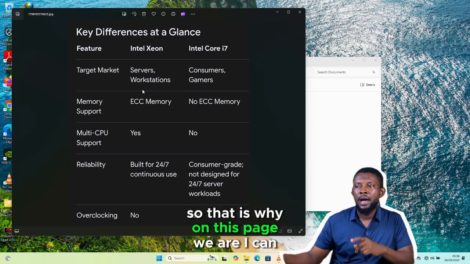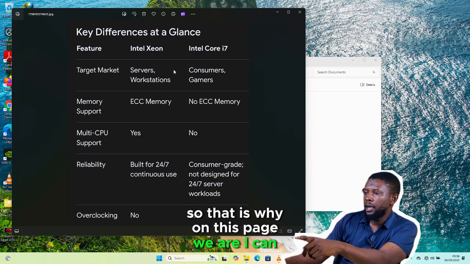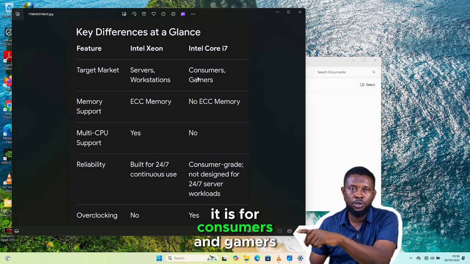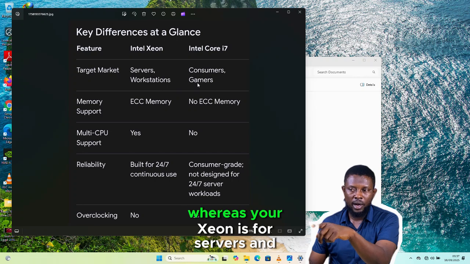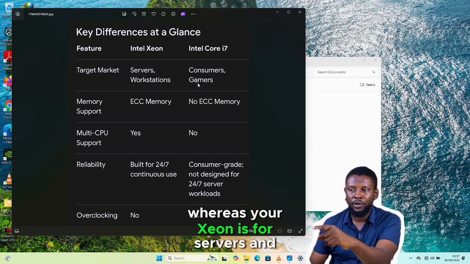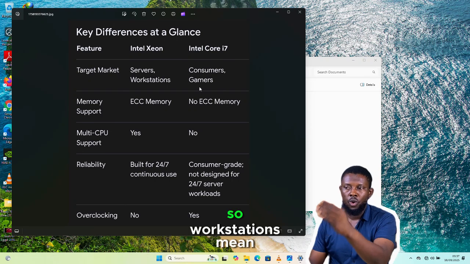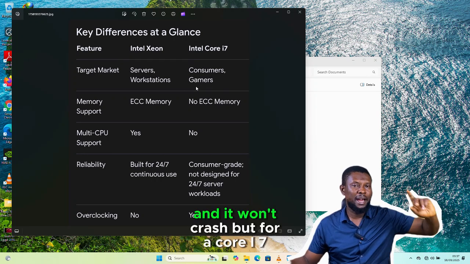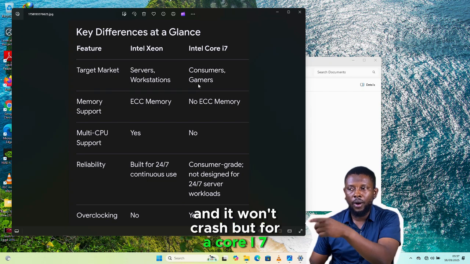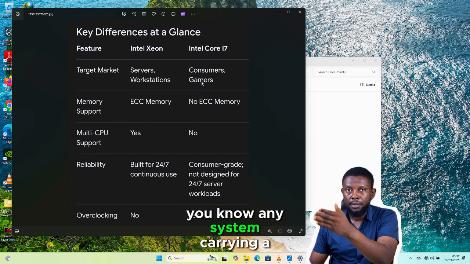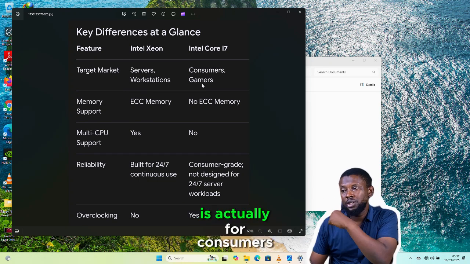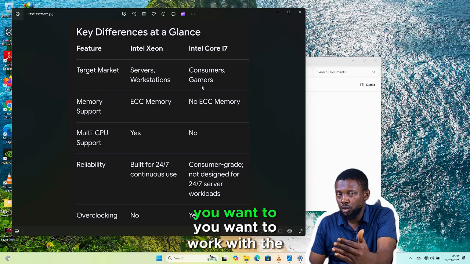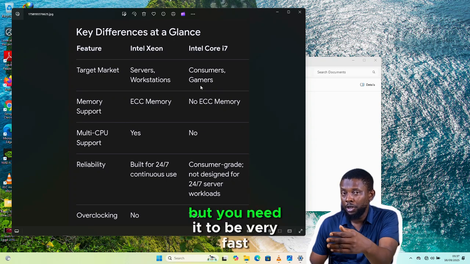So that is why on this page you can see that the i7 is for consumers and gamers, whereas your Xeon is for servers and workstations. Workstations mean you can multitask on it at the same time and it won't crash. But any system carrying a Core i7 processor is actually for consumers, in the sense that you want to work with a system but you need it to be very fast.